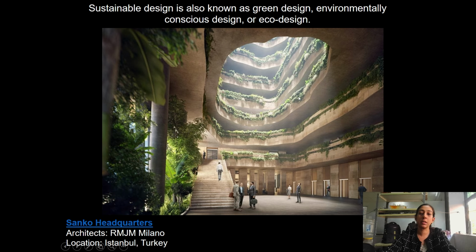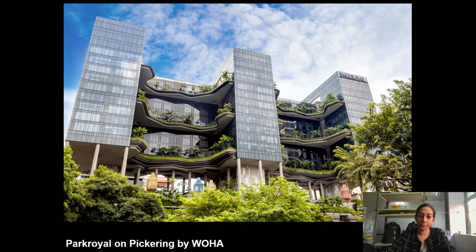So this is a contemporary way of adding a courtyard into a building. Sustainable design is also known as green design, environmental conscious design, or eco design. This is one of the examples of how a courtyard can be taken into consideration in a contemporary way.